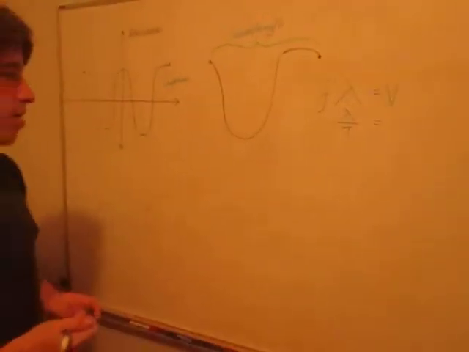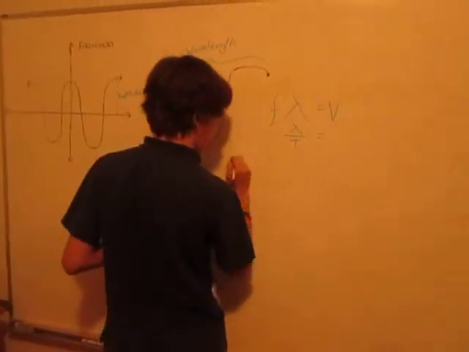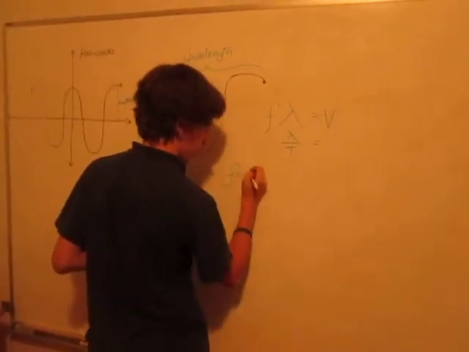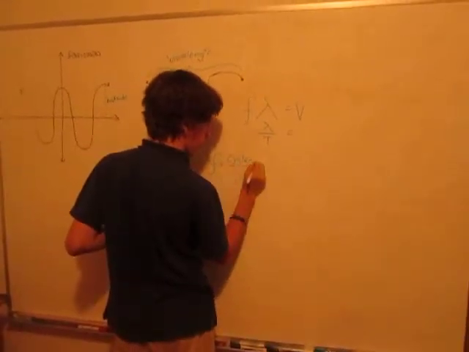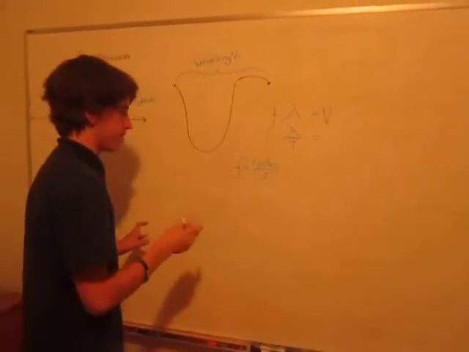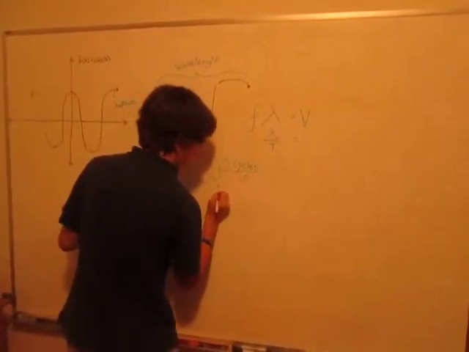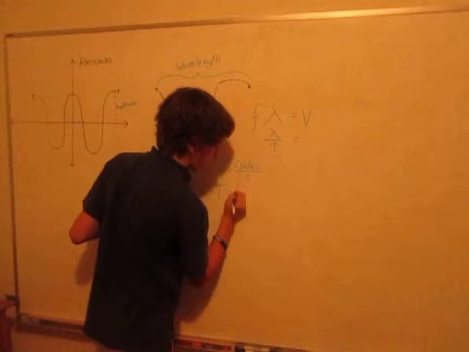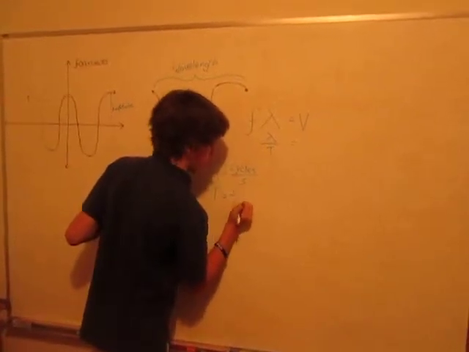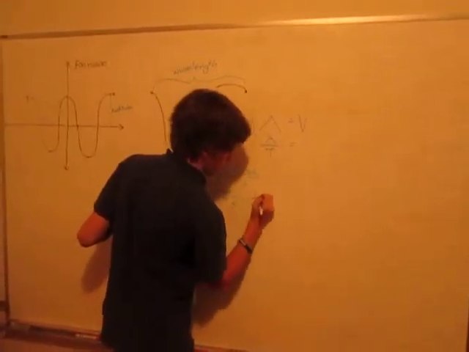Now the frequency is equal to the cycles per second. I'm just going to denote it with an S. And the period is equal to 1 over the frequency, which is equal to seconds per cycle.